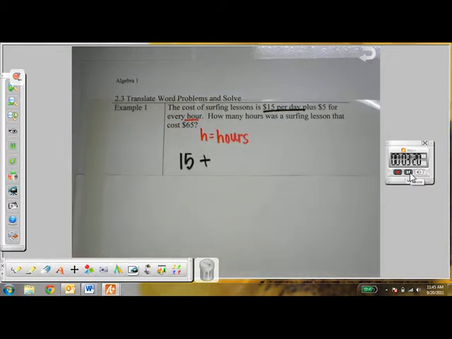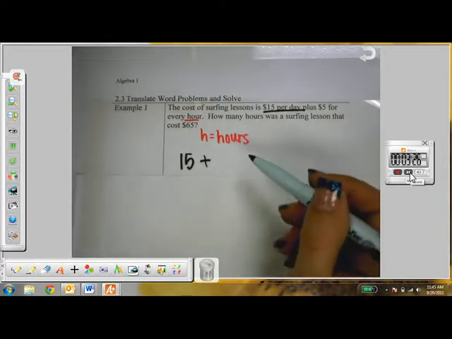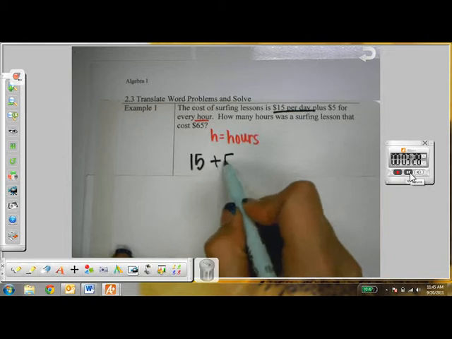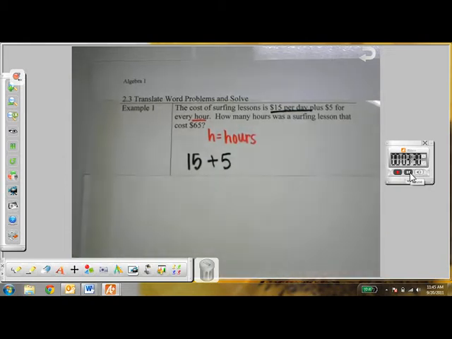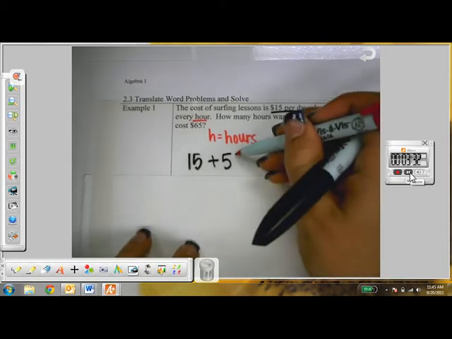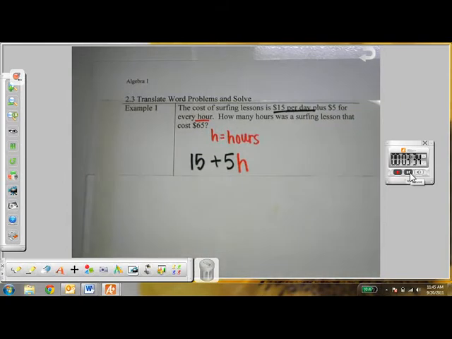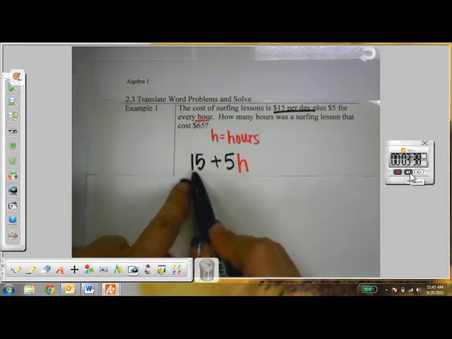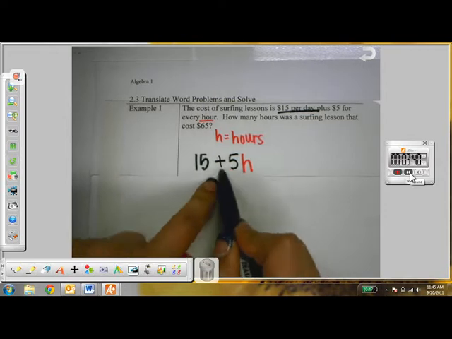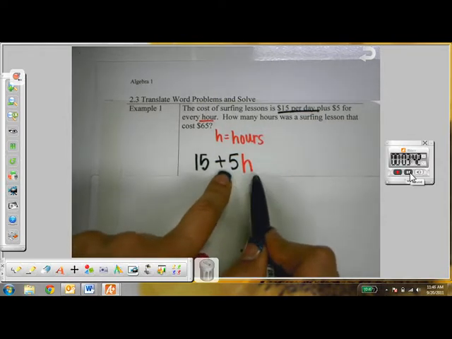How are you getting those numbers? We're multiplying 5 times the number of hours, right? 5H. So I'm going to spend $15 no matter what, plus $5 times the number of hours.